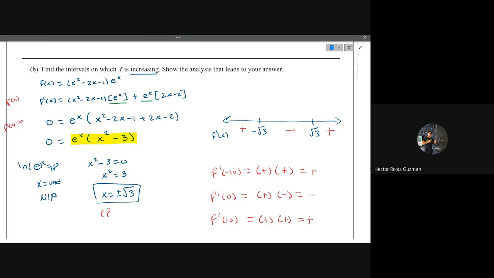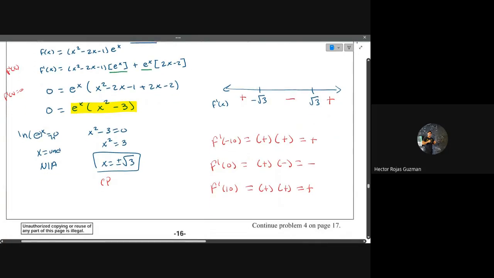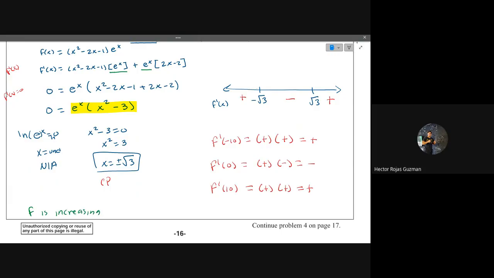So on which intervals is f of x increasing? f is increasing on the interval from negative infinity to negative square root of 3 and the square root of 3 to infinity, because f prime of x is positive.